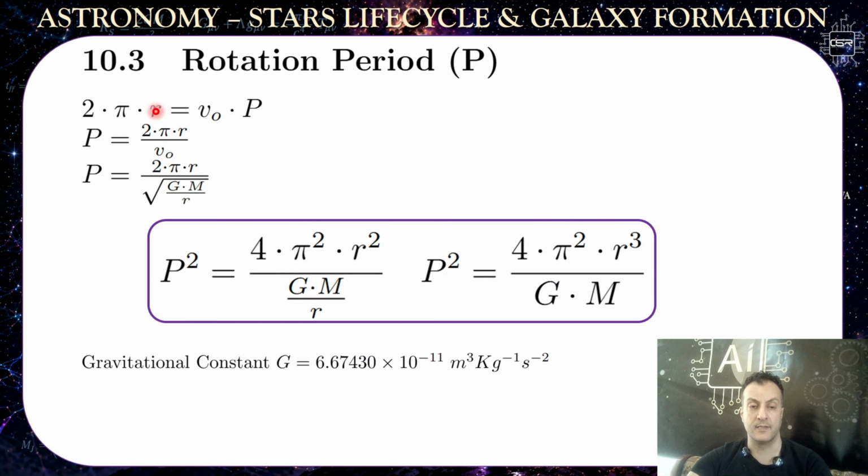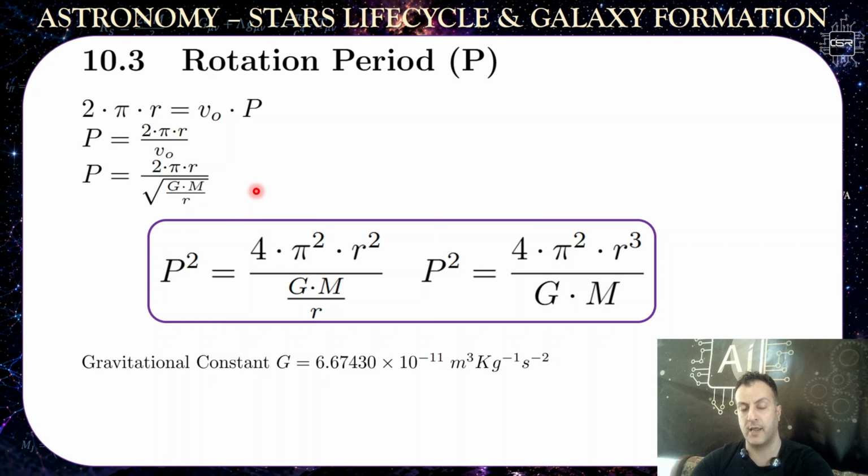So the distance traveled, which is 2 pi r, the circumference around the star, where r is the radius of rotation, is equal to v0, the velocity traveling around this star, multiplied by the period, which is the time it takes for one full rotation. So P is equal to 2 pi r divided by v0. P is equal to 2 pi r divided by the square root of GM over r, because v0 is equal to the square root of GM over r.